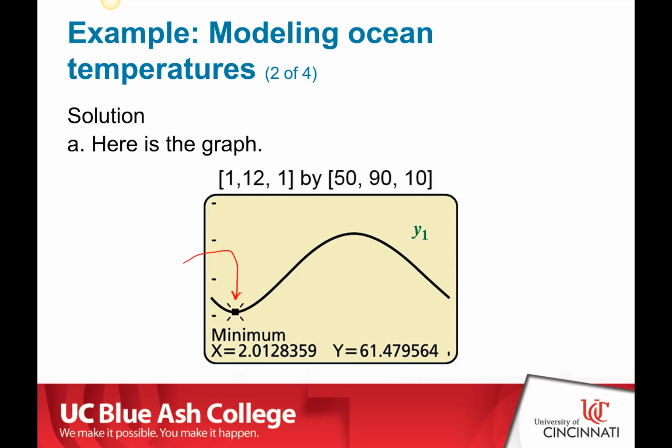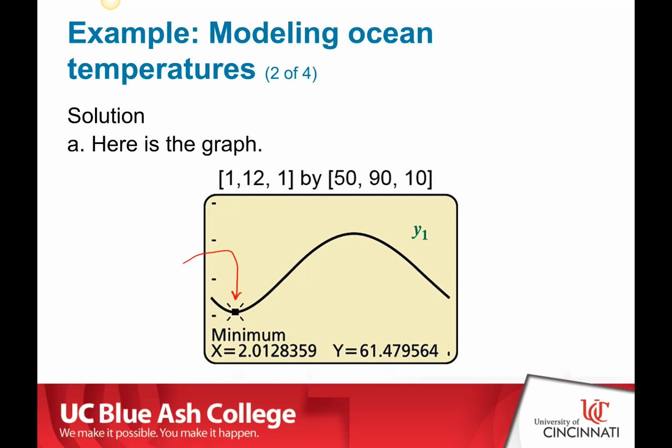This point right here is a minimum. It's at 2, 61. What's that tell you? Yep. In February, the temperature of the ocean is going to be around 61 degrees, which is as cold as it gets.